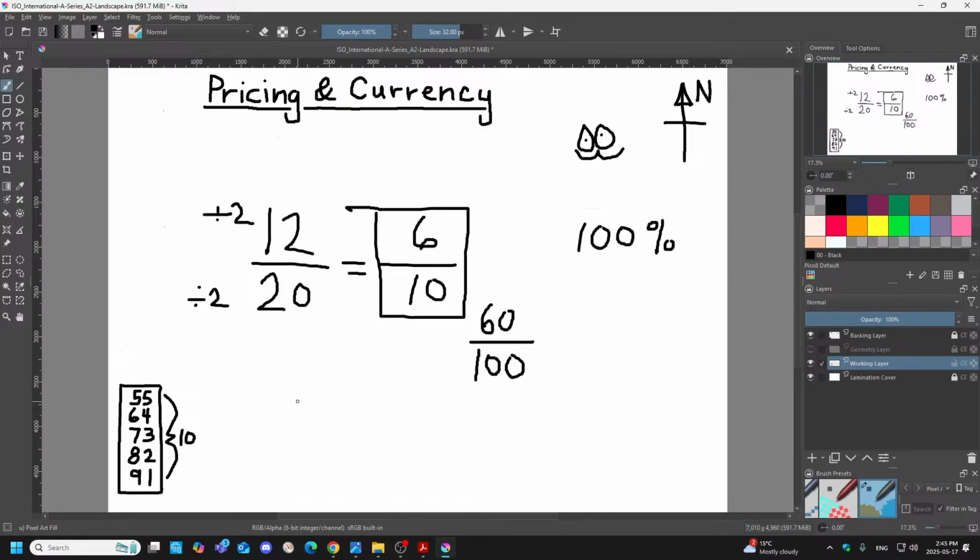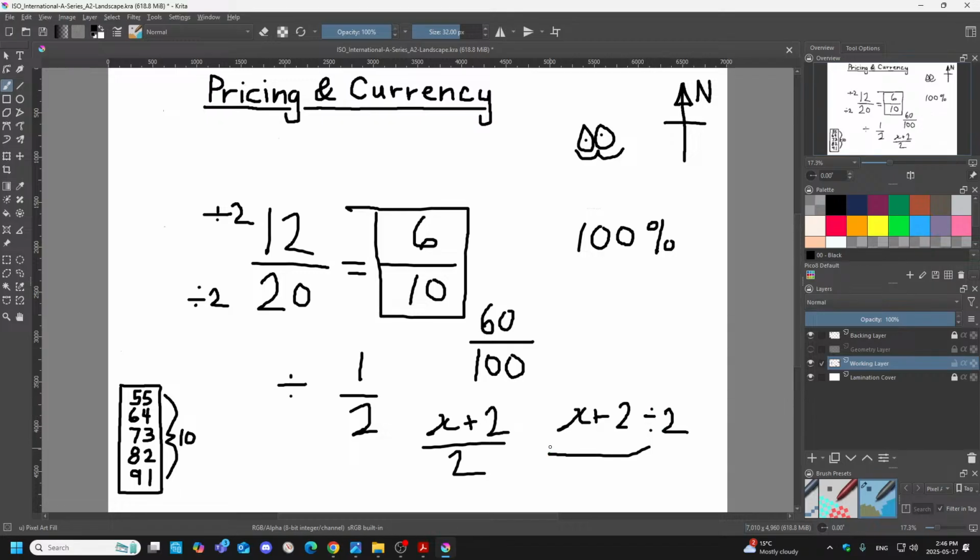Take note, guys, when you start getting into algebra and you see divide, please remember divide also means fraction. So when you're actually working out a problem, x plus 2 divided by 2 means this.